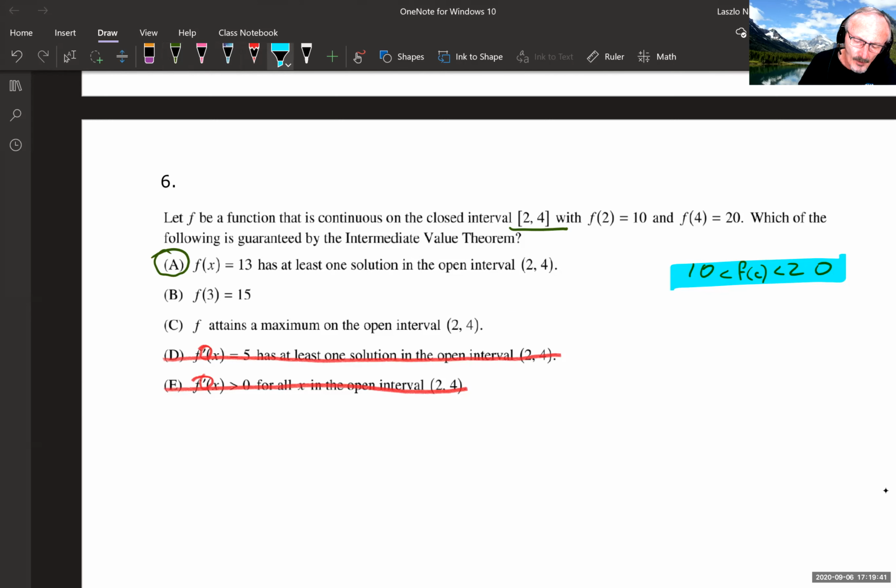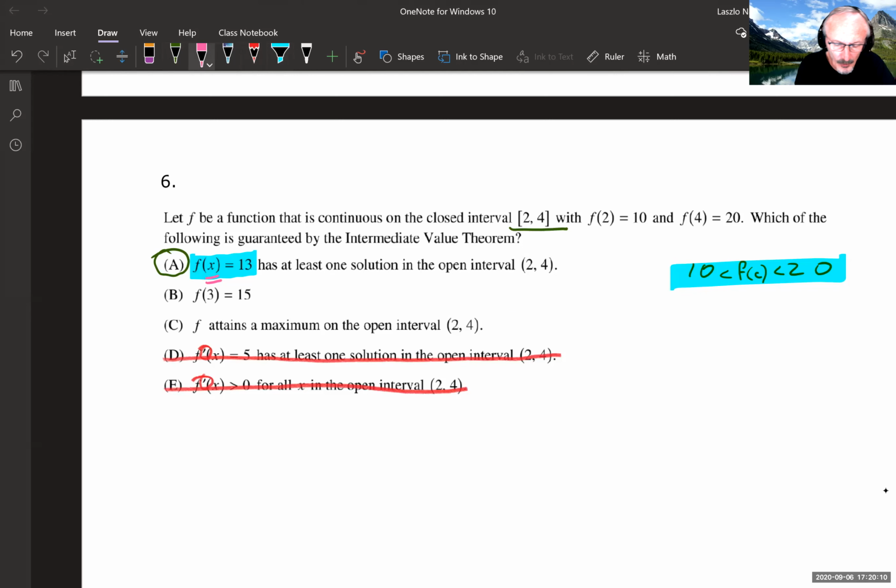Also, we want to highlight the fact that this said f of x, which is important in the sense that it didn't say f of 3, because that means you're only focusing on a certain coordinate, and IVT doesn't tell you where this magical x coordinate is. It just says it's somewhere between x equals 2 and 4.